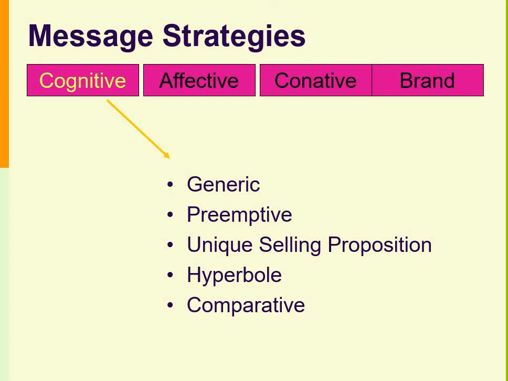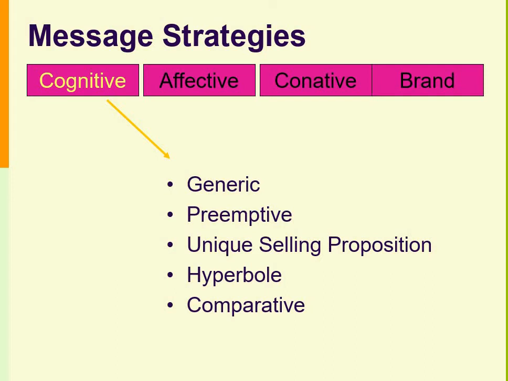The next message strategy is targeted to the affective component of the attitude of the consumer audience. It requires creating affection between the brand and the consumer. It requires eliciting the emotions of the consumer audience.